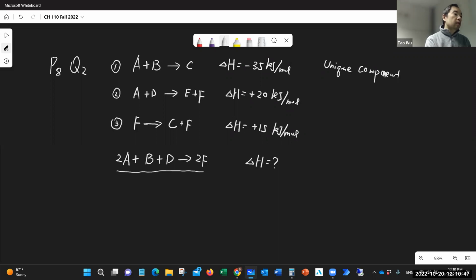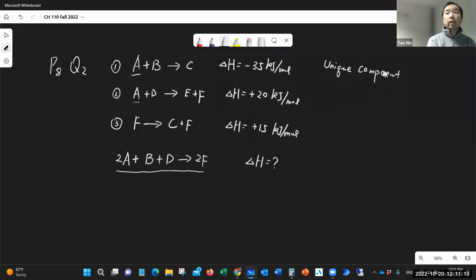The meaning of the unique component is that this species only shows up in one equation. For example, among equations 1, 2, 3, A is not a unique component because A shows in both equation 1 and equation 2.